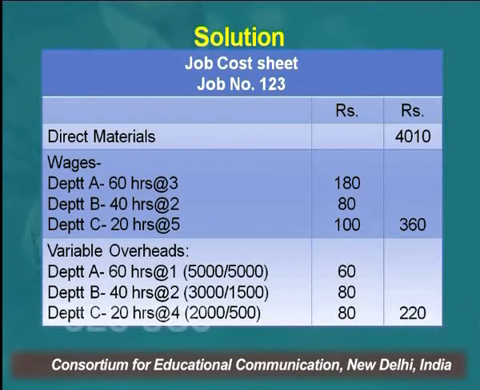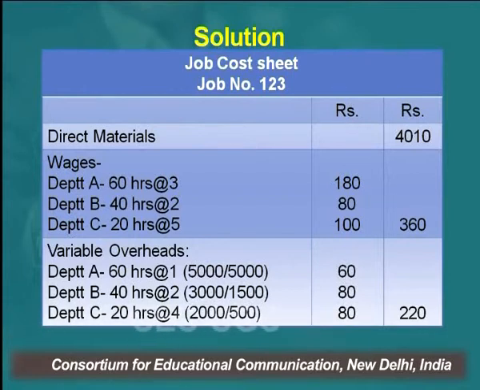For Department B, we had already calculated the rate is rupees 2 per hour, that is 3,000 divided by 1,500, so it comes to 80 rupees. For Department C, the rate is 4 rupees per hour, and 20 hours have been spent, so 20 multiplied by 4 comes to 80 rupees. So the variable overheads are 80 plus 80 plus 60, which comes to 220.